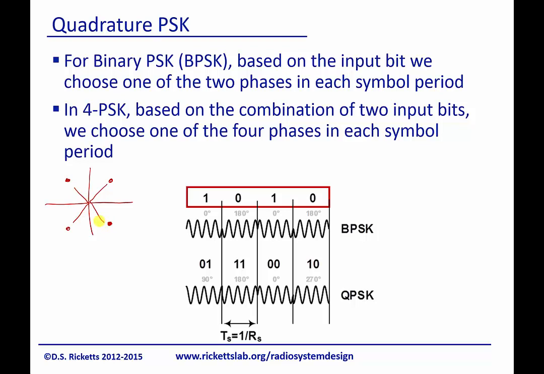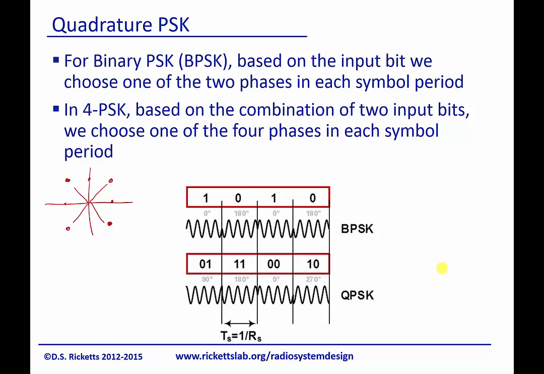So you could call this a phase shift key, or we'll learn later you can also call this a quadrature amplitude shift key, because I have an amplitude here, an amplitude here, and an amplitude here. So 4 PSK can be referred to in a couple different ways, and we'll see about that in a little bit more. But let's look at what 4 PSK would look like in our waveform.